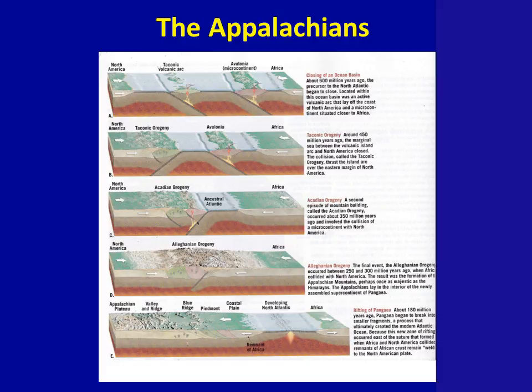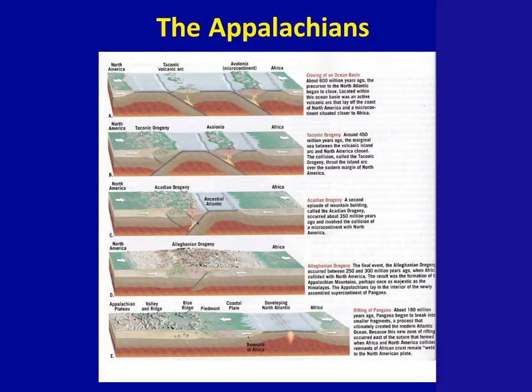And then finally, when Africa and North America collide, you get a major mountain building episode. And then at last, you have the development of the new Atlantic as Africa and North America move apart, with the little piece of Africa left attached to North America.